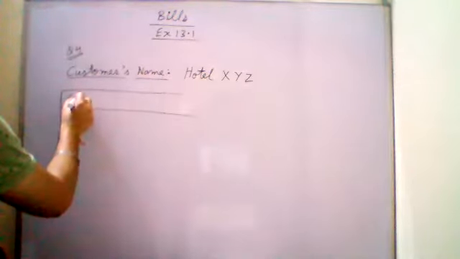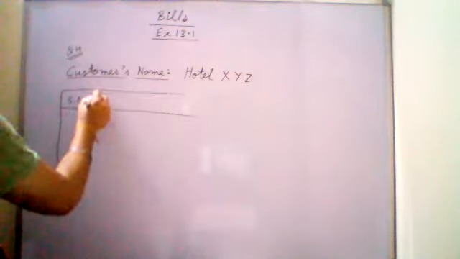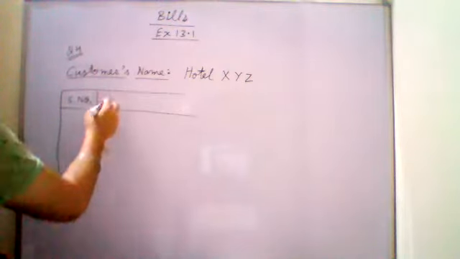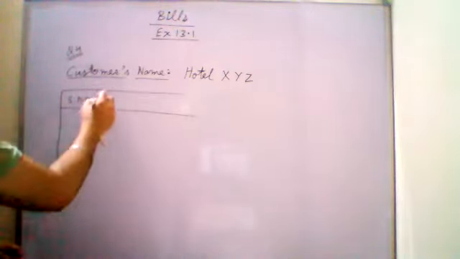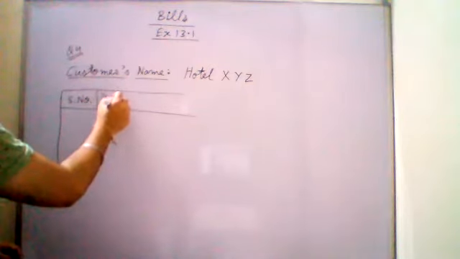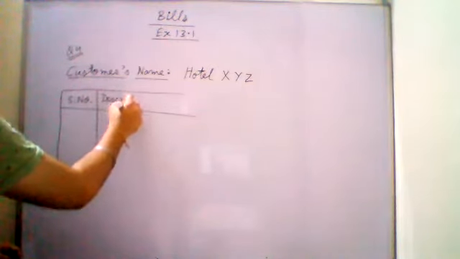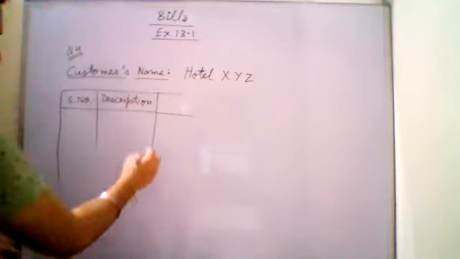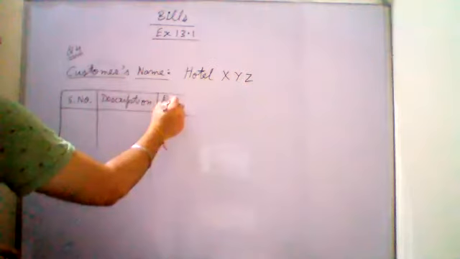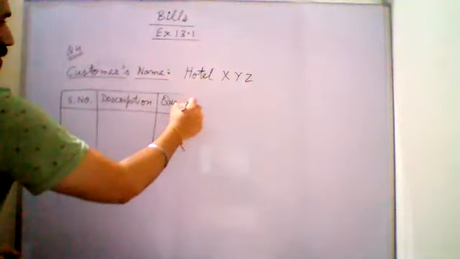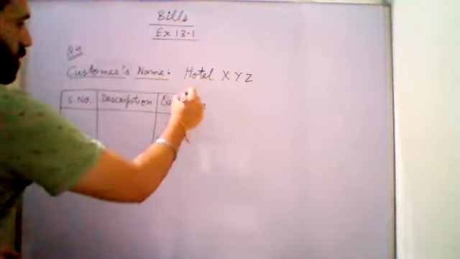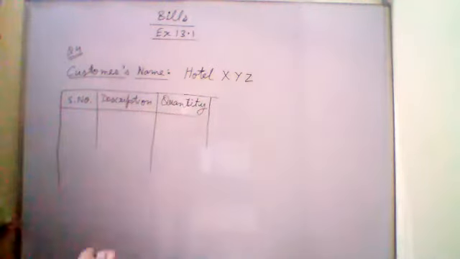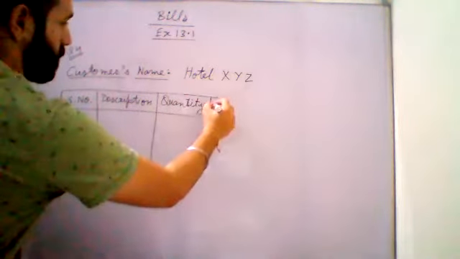So serial number, then the second one is description. The third column is quantity. Then cost per unit.